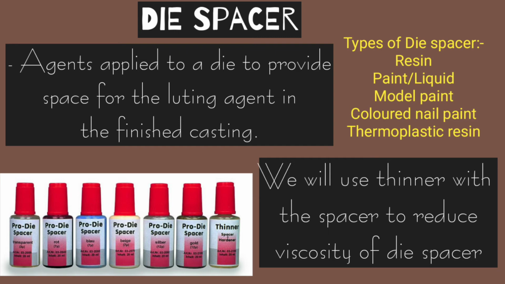We have 5 types of die spacer: resin, paint liquid, model paint, colored nail paint and thermoplastic resin. These are the agents we apply to the die to provide a space for the luting agent.